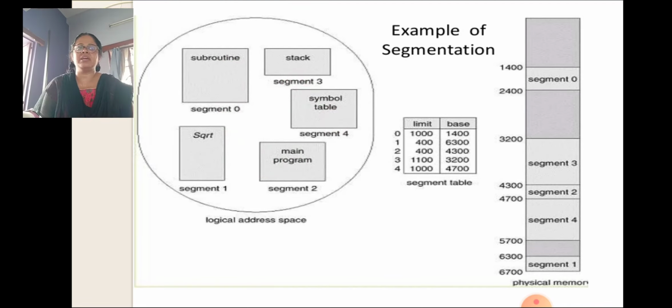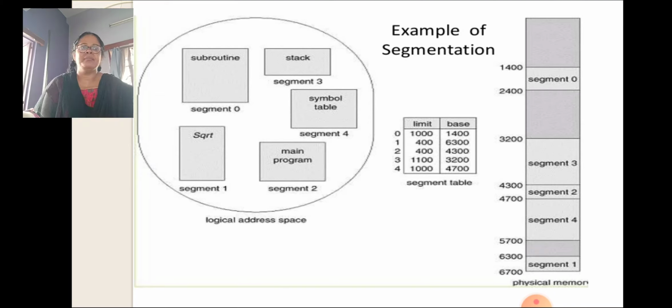The segments are stored in physical memory as shown. The segment table has a separate entry for each segment, giving the beginning address of the segment in physical memory, or base, and the length of the segment.